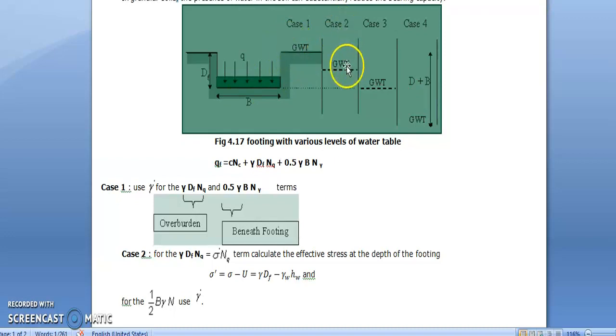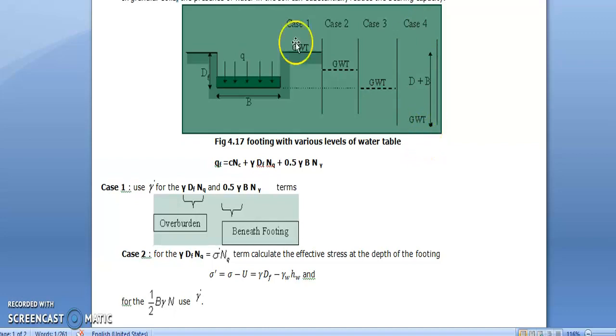Case 2 is when the water table is below the ground surface but above the foundation level. Case 3, the water table is at the foundation level. Case 4, the water table is way below. There cannot be any more cases. These are the 4 cases, and how are we going to tackle all of them?